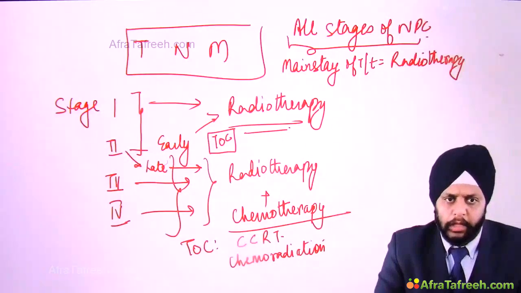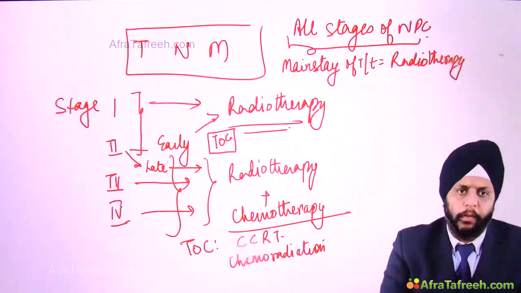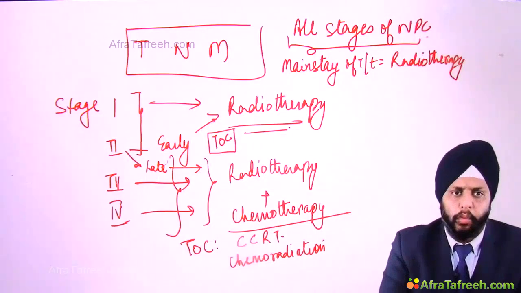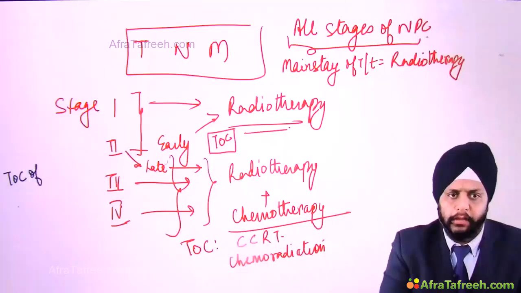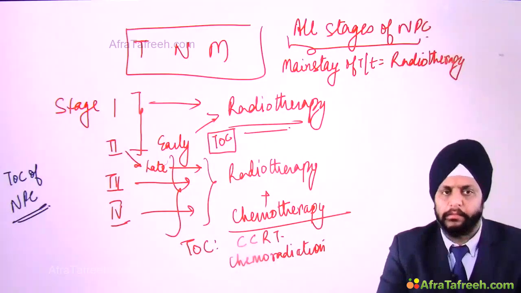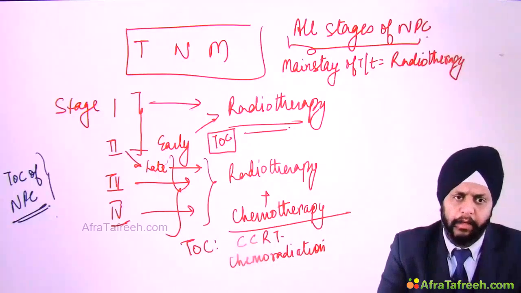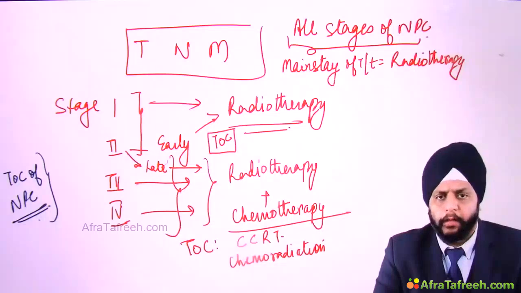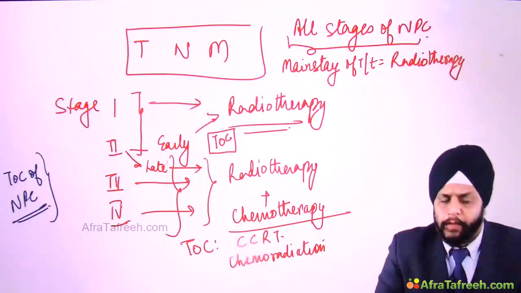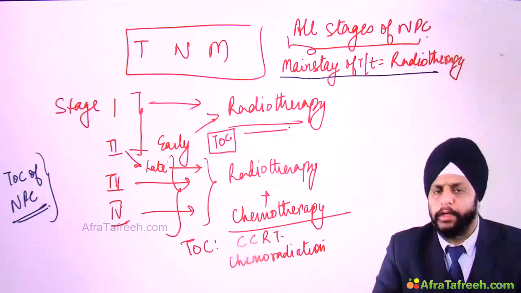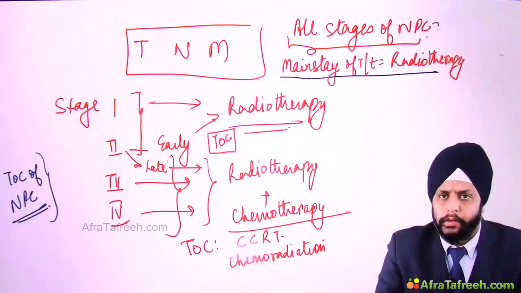Now, the next MCQ over here: suppose somebody asks you what is the treatment of choice for NPC. This question is asked multiple times in the exam. Remember, if the term used was mainstay of treatment for NPC, the answer is radiotherapy.